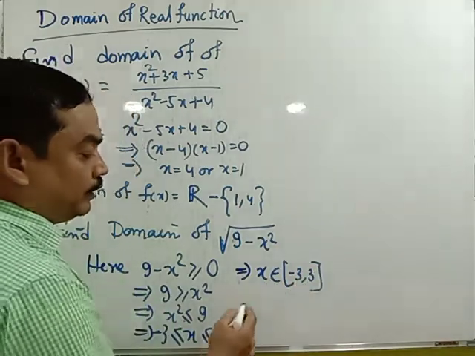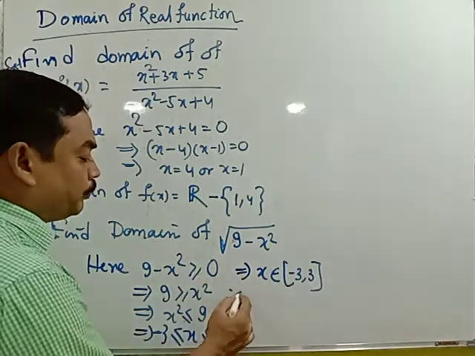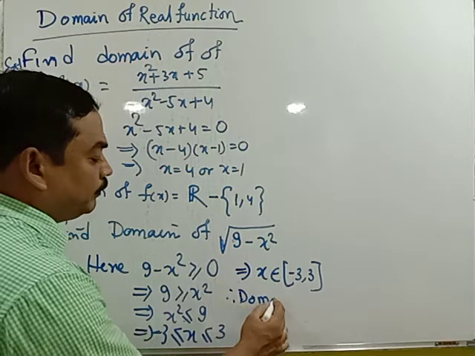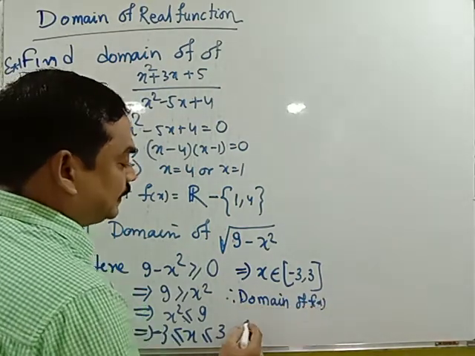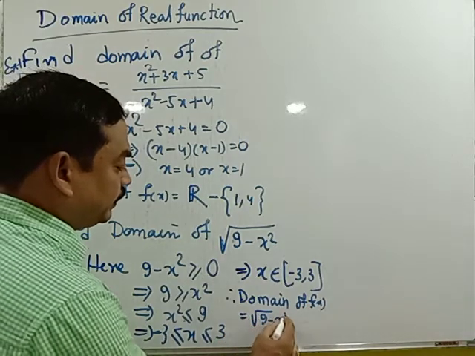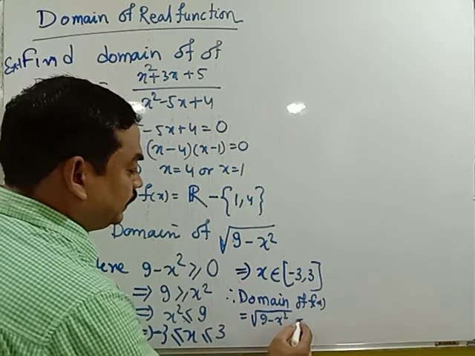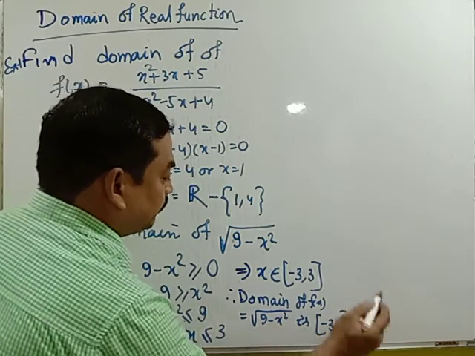Therefore the domain of f of x equals root over 9 minus x square is the closed interval minus 3 to 3.